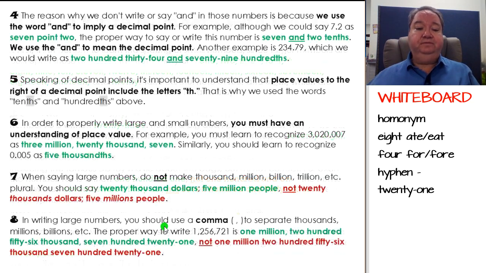Okay, number 4. The reason why we don't write or say "and" in those numbers is because we use the word "and" to imply a decimal point.